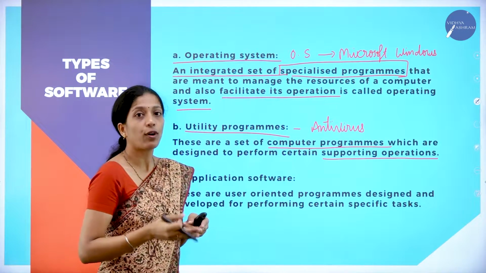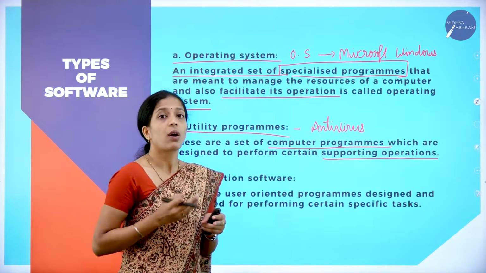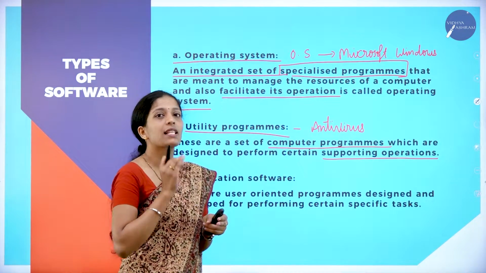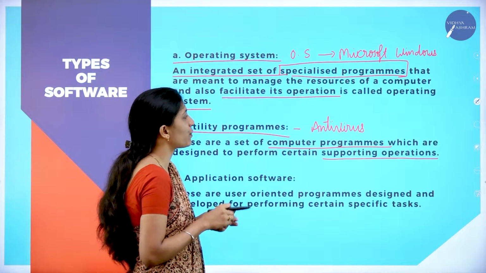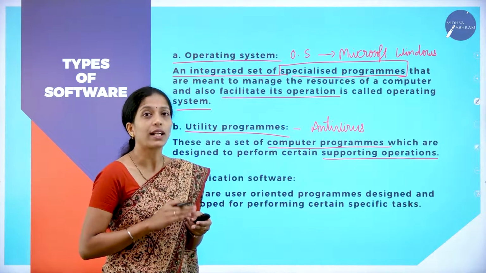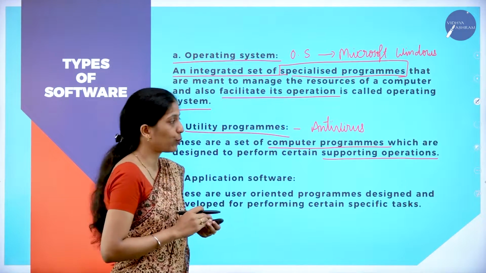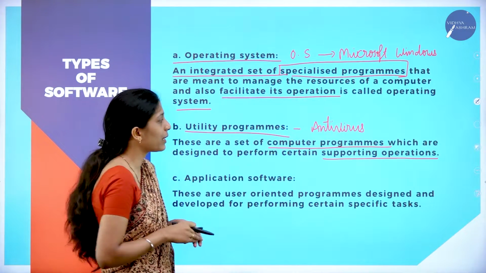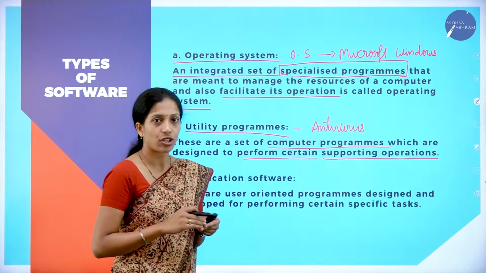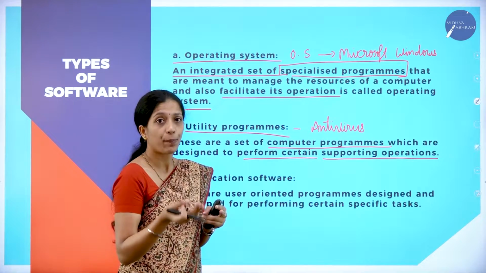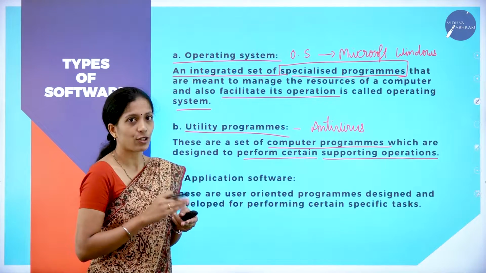In order to support the programs in the computer system, certain specialized programs will be performed. They are known as what? Utility programs. So in order to perform certain supporting operations, the utility program is used.